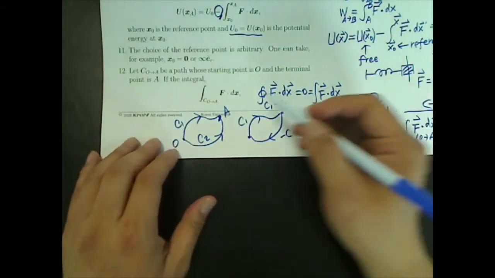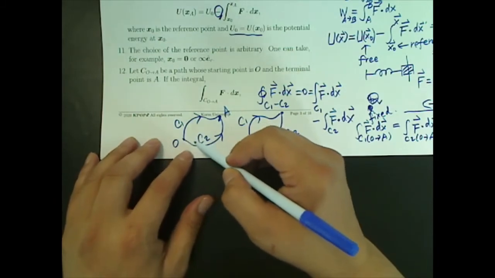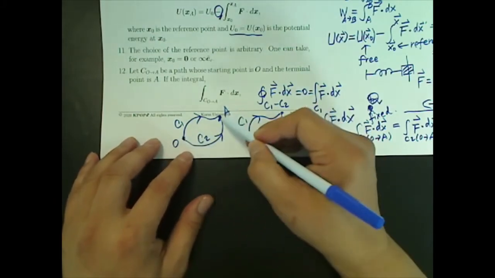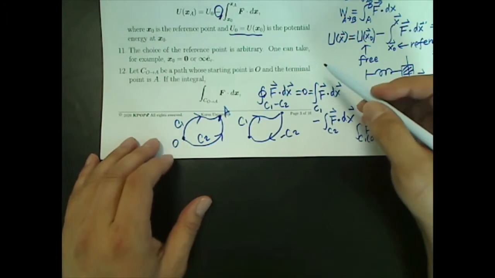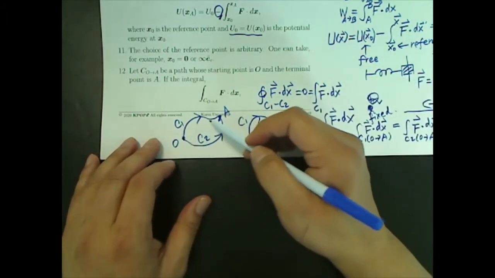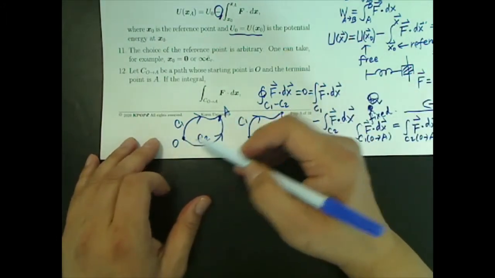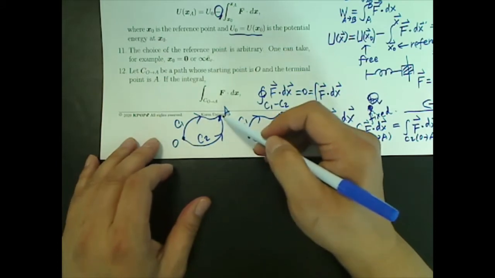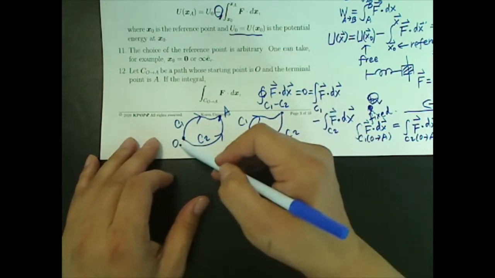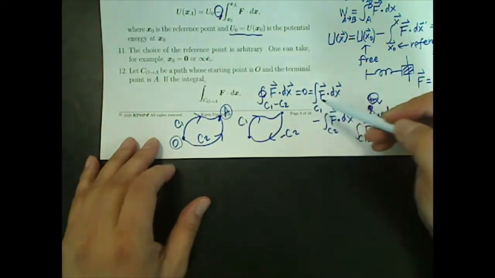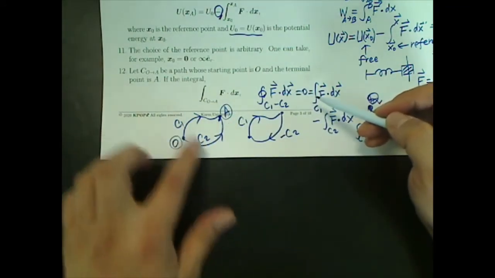Here, what happens if F carries some work along the path C1 and along the path C2, and the starting point and end point of these two paths are common.